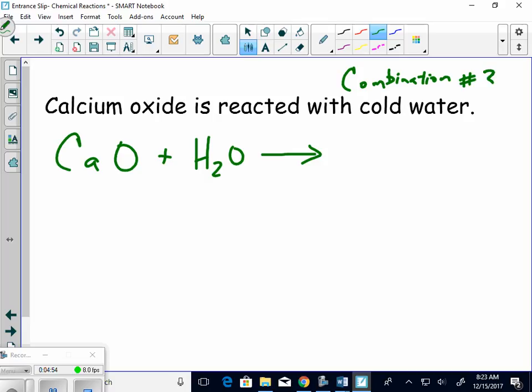An active metal oxide plus water is going to give me a metal hydroxide. My metal is calcium, so it's going to give me calcium hydroxide. Now all I have to do is balance my chemical equation, and as I'm looking at that, that is already a balanced chemical equation.